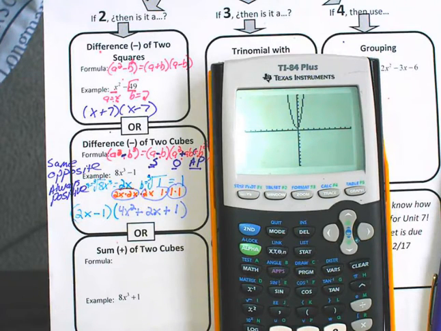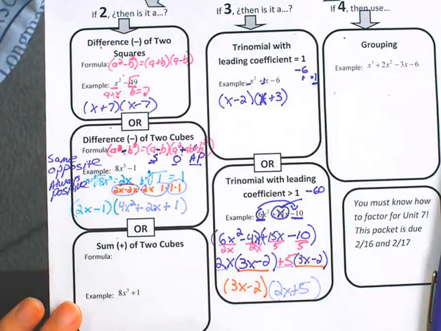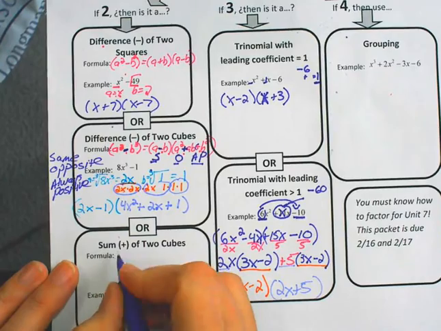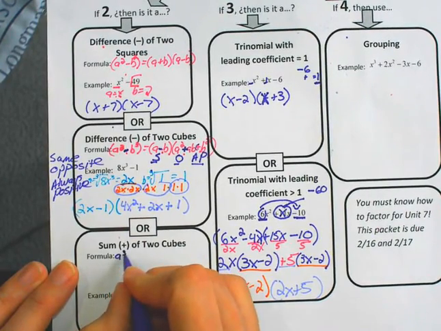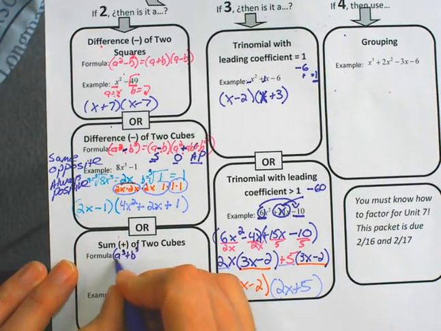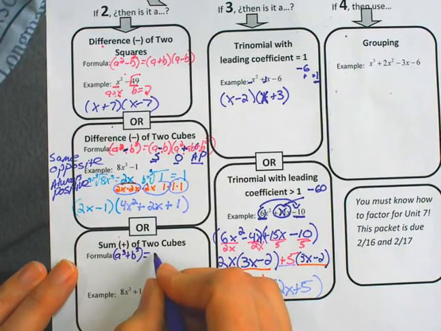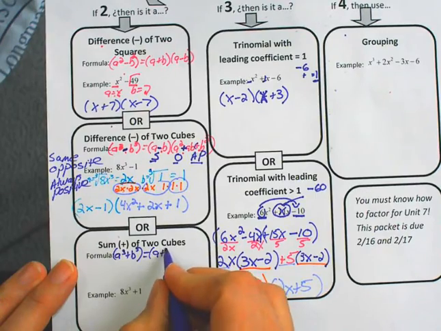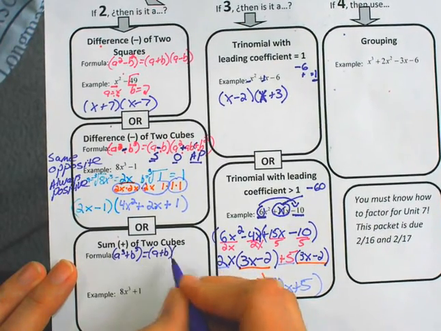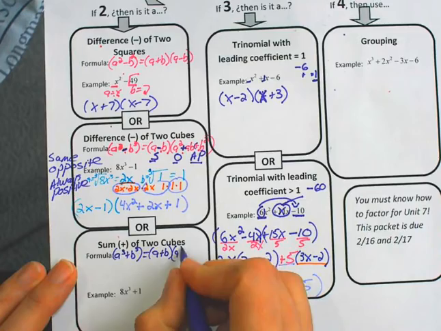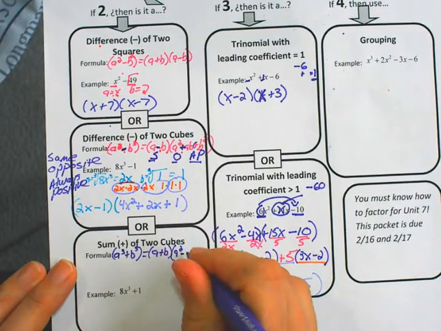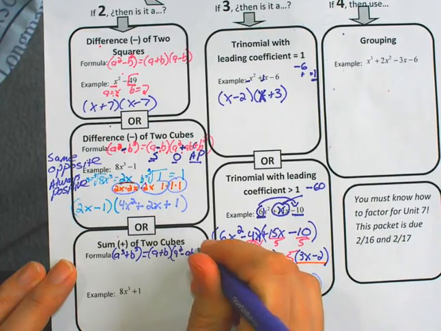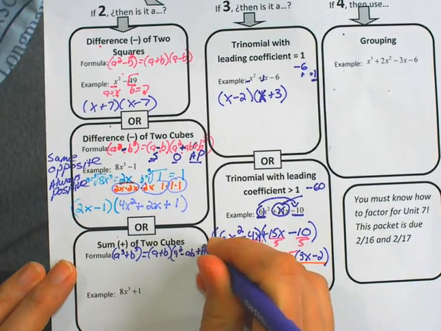Okay. All right, and then we have the sum of cubes, which is very similar, except our signs are going to be different. If I have a cubed plus b cubed, my factors are going to be a, same sign, plus b, times a squared, opposite sign, minus ab, always positive, plus b squared.